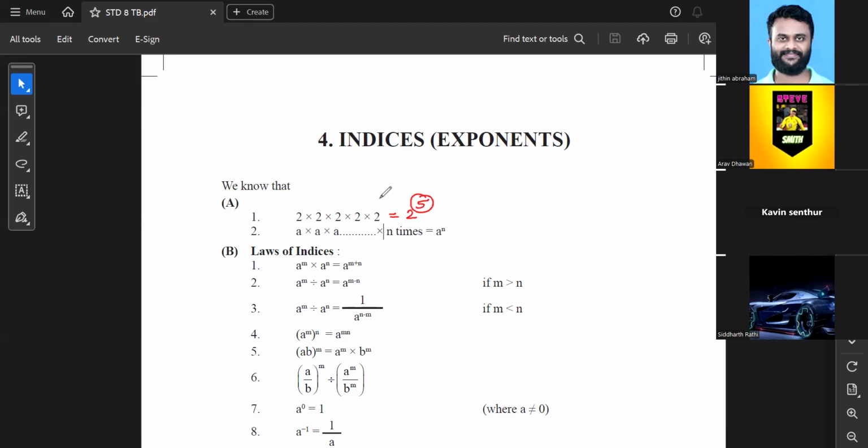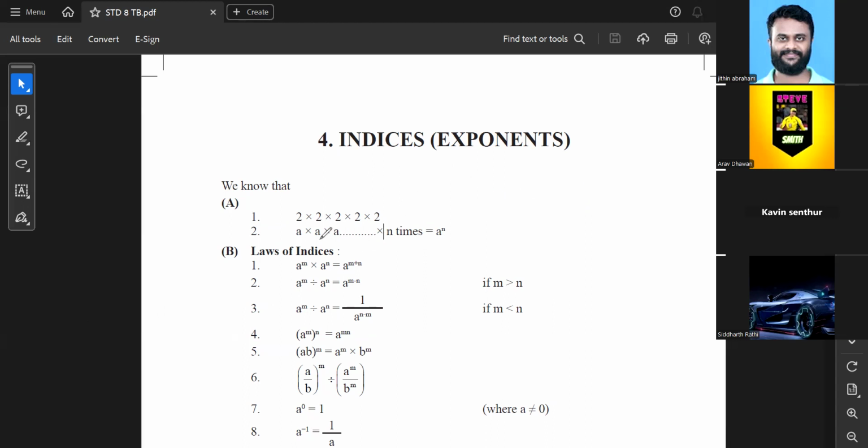The calculations where numbers like 2 raised to 5 or 3 raised to 5 or 4 raised to 5 or 7 raised to 2 or anything like that, these numbers are called indices. The calculation related to them is basically this chapter.